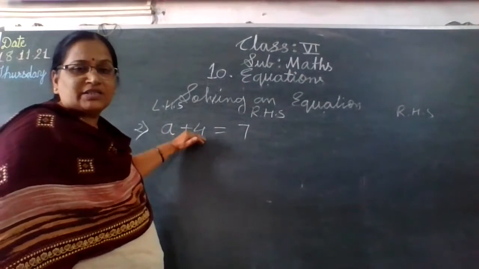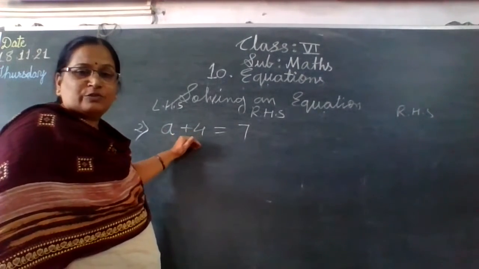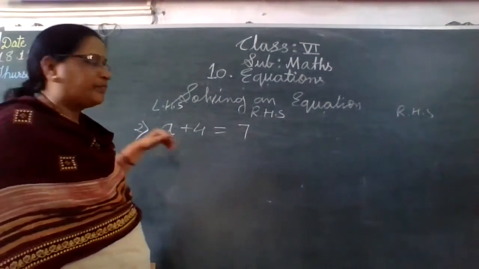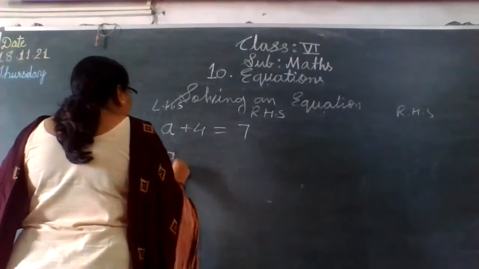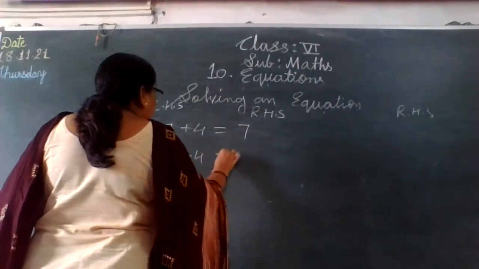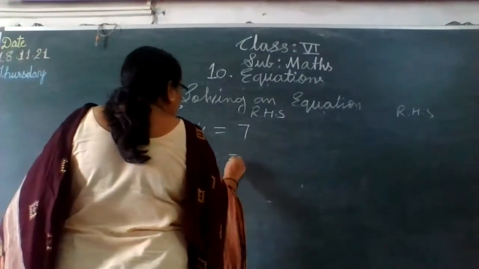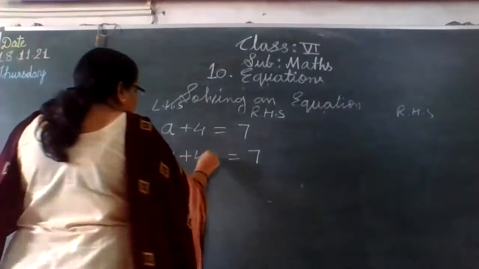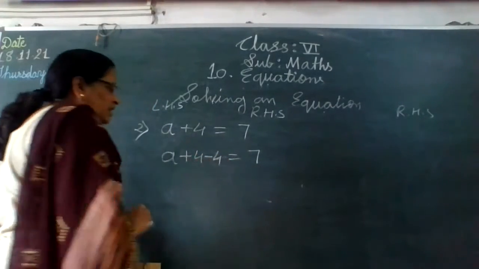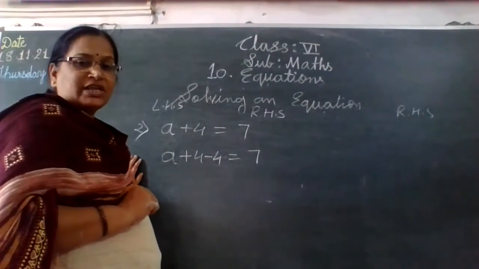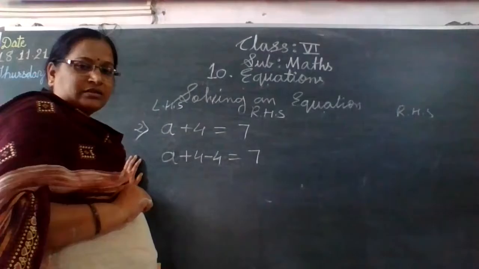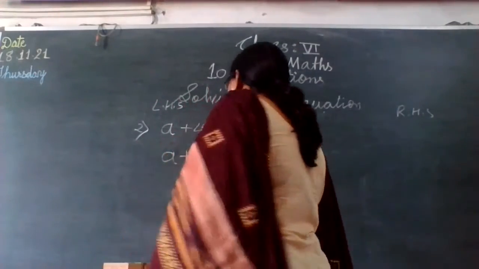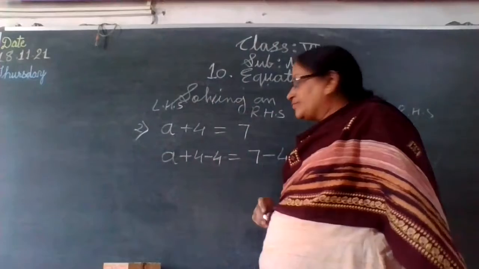So we are taking its opposite. What is the opposite of plus 4? It is minus 4. So a plus 4 equals 7 is our original equation. Subtract 4. Here we are using subtraction equality, so subtract 4 from both the sides.